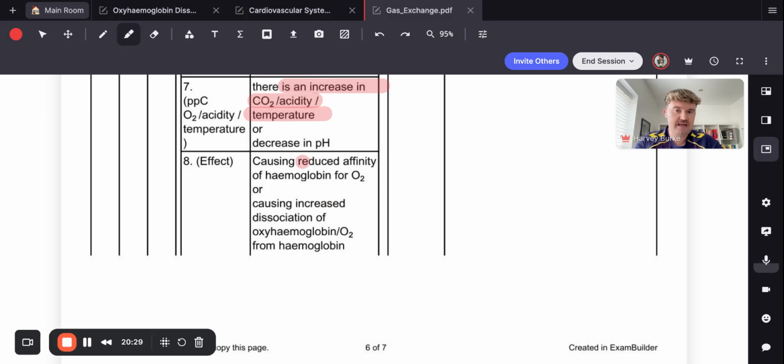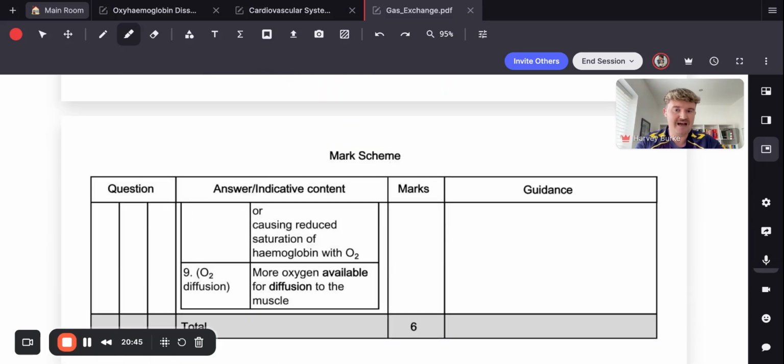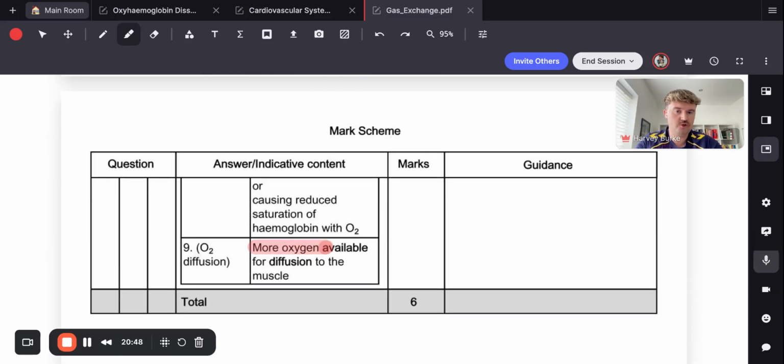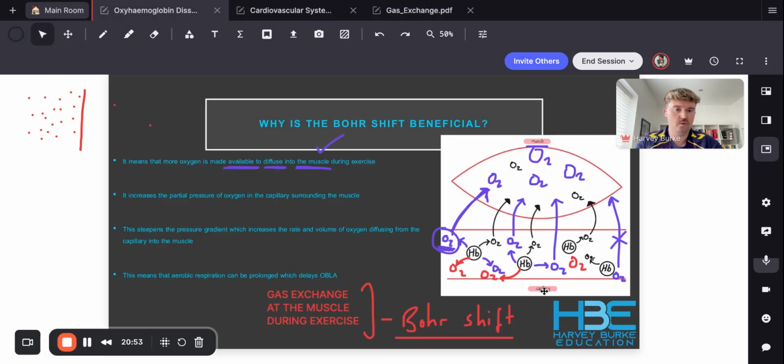This results in hemoglobin's affinity for oxygen decreasing, and because hemoglobin is now not having as strong an attraction for oxygen, that causes an increase in dissociation between oxygen and hemoglobin. And as a result, more oxygen is available to diffuse into the muscle. And that's what we were talking about there earlier on.